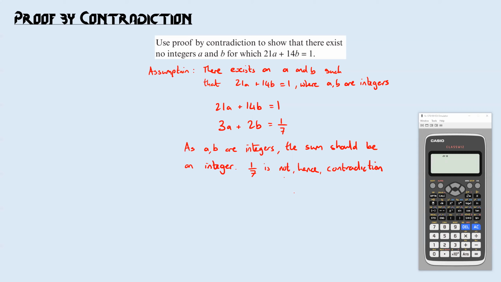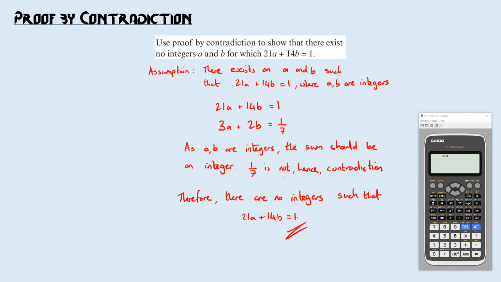We should finish off by saying there does not exist any integers a and b for which this is true. Therefore, there are no integers such that, and then I'm just going to repeat that first statement, 21a plus 14b equals 1, and that's it.